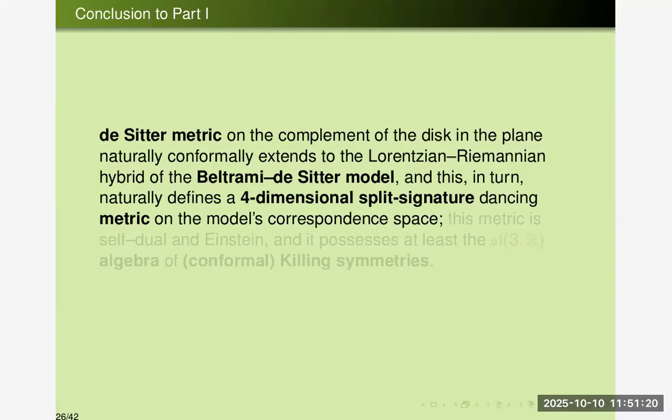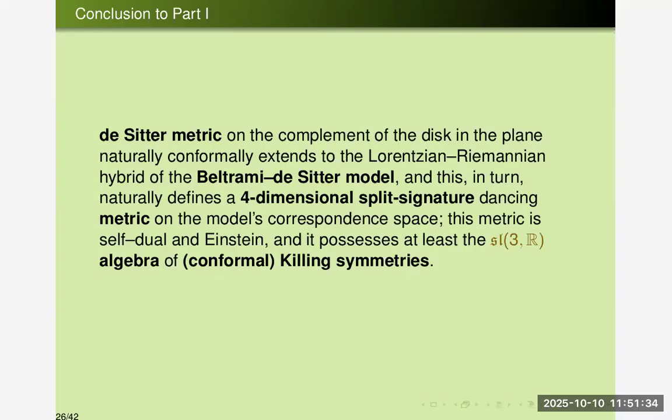And this, in turn, is equipped with an Einstein split signature metric with precisely 8 conformal Killing symmetries. Okay, quite a thing. I created it from nothing with the help of Gilmore, no doubt. I wouldn't do this if Gilmore didn't tell me some parts of it.